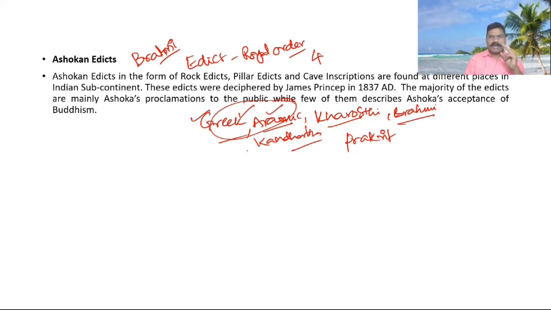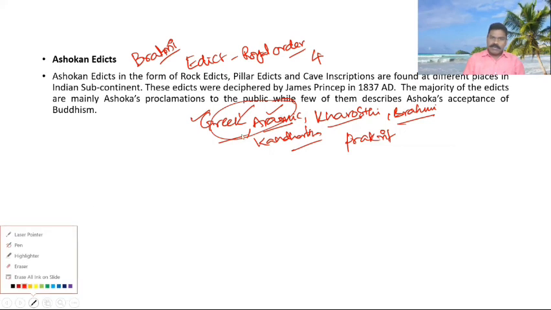So remember, Ashoka used three languages: Greek, Aramaic, and Prakrit. And he used four scripts: Greek script, Aramaic script, Kharosthi script, and Brahmi script. Four scripts, three languages, that you have to remember.